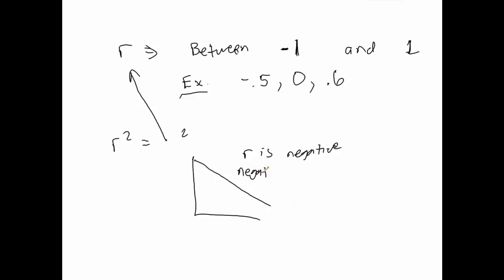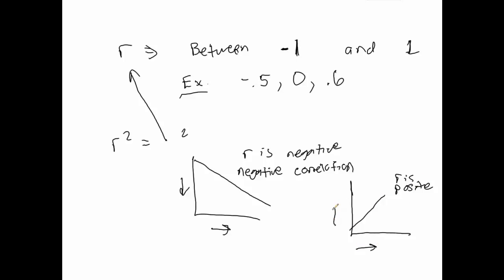This is called a negative correlation. The reason we call it negative is because as the input increases, the output decreases. And then if r is positive, well, you imagine that that's a positive relationship, and as the input increases, so does the output.